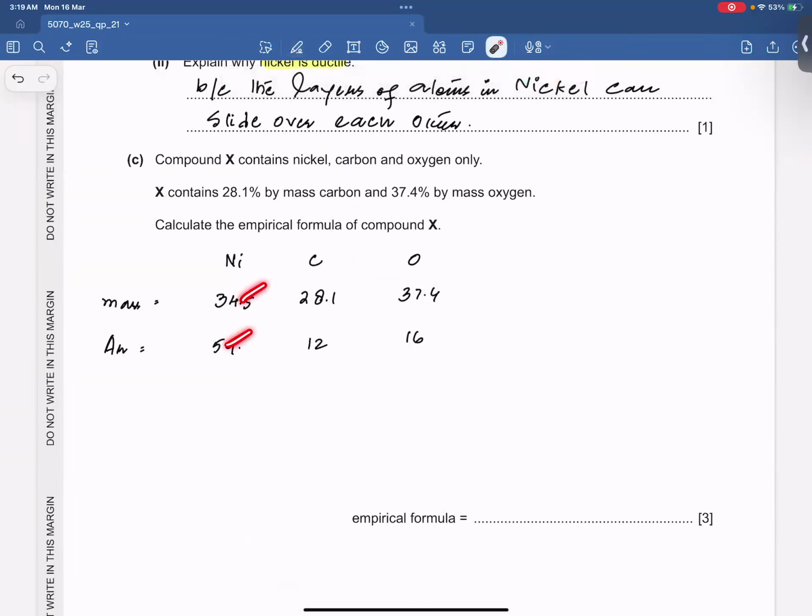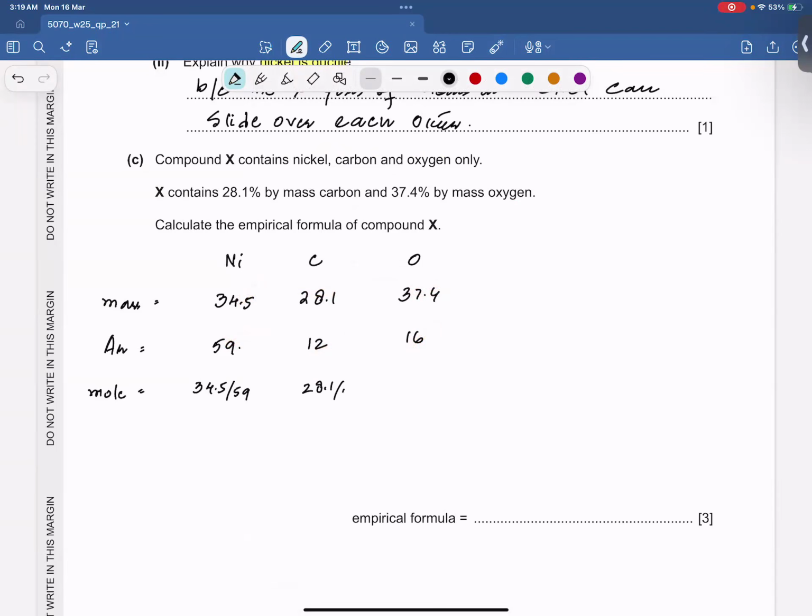Now using these values, I can find the moles of each element. 34.5 divided by 59. 28.1 divided by 12. 37.4 divided by 16. So 34.5 divided by 59 is going to be 0.5847. 28.1 divided by 12 is 2.3416.